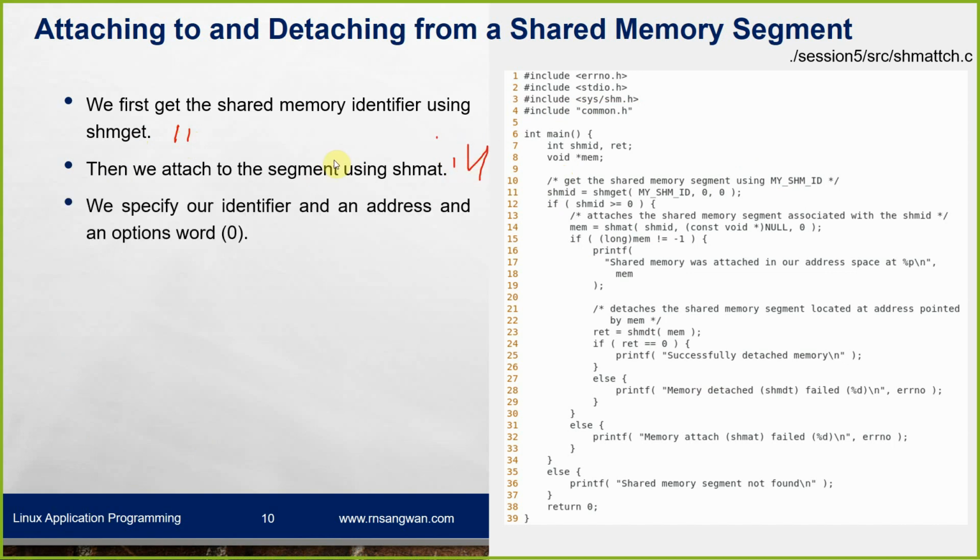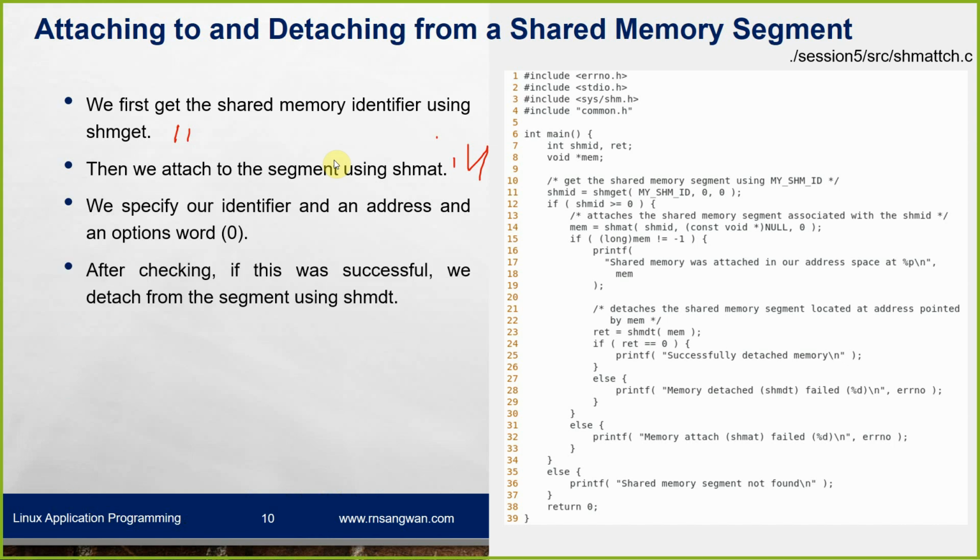Then we specify our identifier, an address, an option word. That is what we are specifying in this identifier. After checking if this was successful, we detach from the segment using shmdt, which we are using in line number 23.